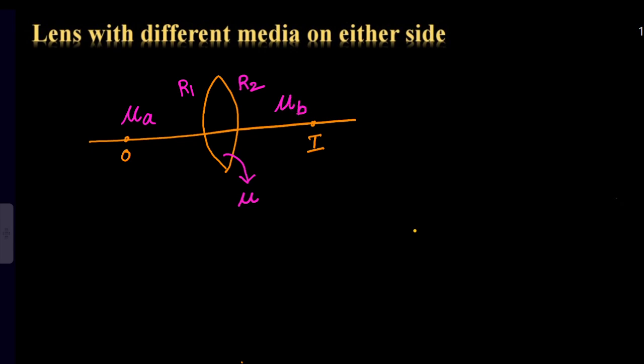Now, in these cases, we need to see how the lens maker's formula is modified.